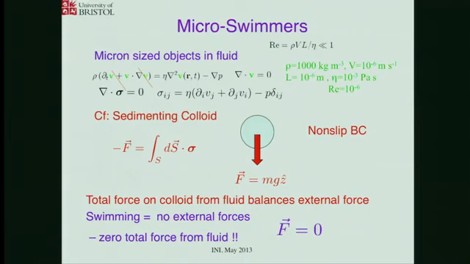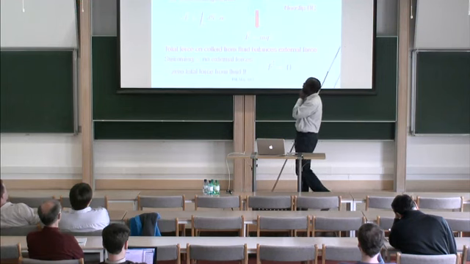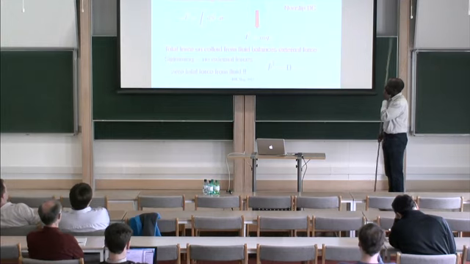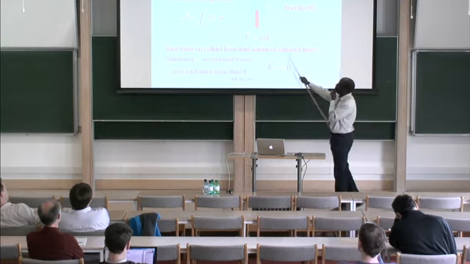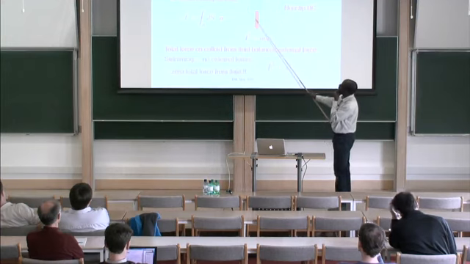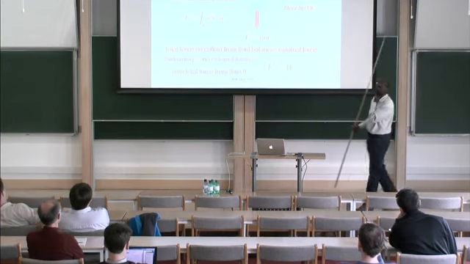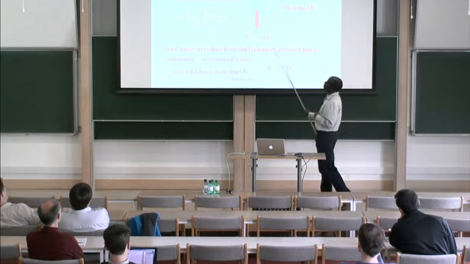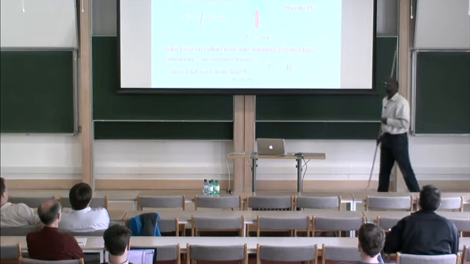Maybe we can see that best by considering sedimenting colloids. Imagine you had a colloid dropping in a fluid. In this regime, I calculate the force on it by integrating the stress tensor on the surface, and that must equal the external force applied to this object.